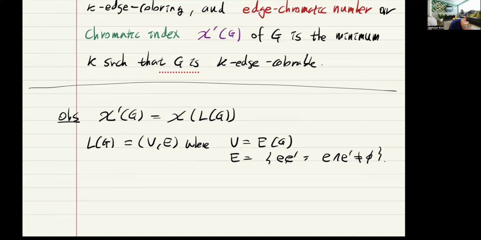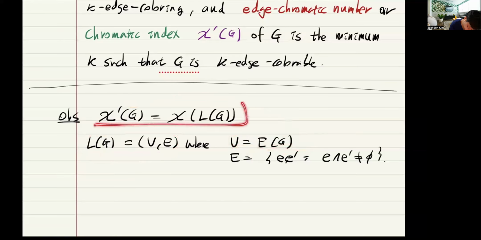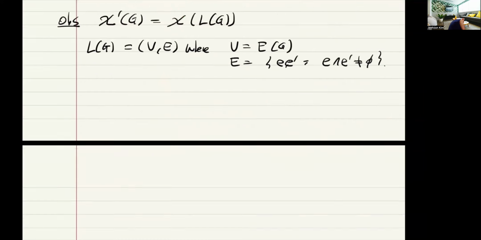So if we vertex color this graph, those vertices are actually the edges in the original graph G, so it's pretty obvious that these two are the same concept.